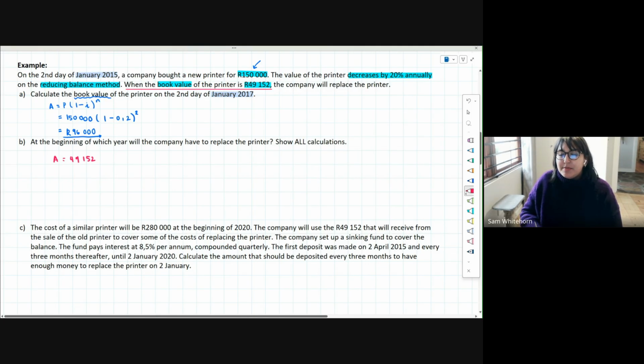And it's asking at the beginning of which year. So this is asking me to calculate an n value. So I want you guys to try this for me. We're still going to use the reducing balance formula, but now we're trying to solve for n. So see if you can solve for n for me.